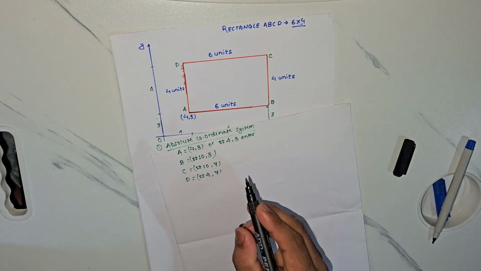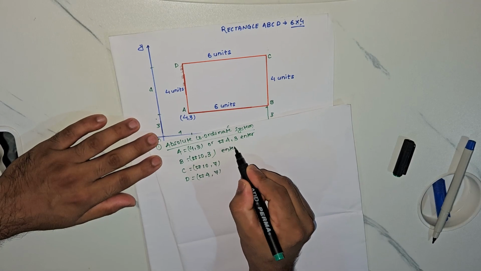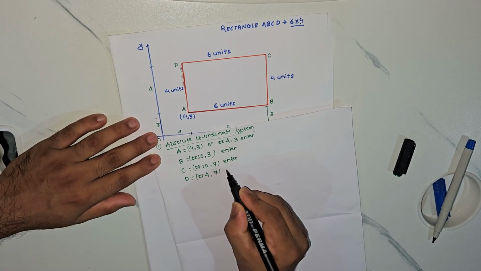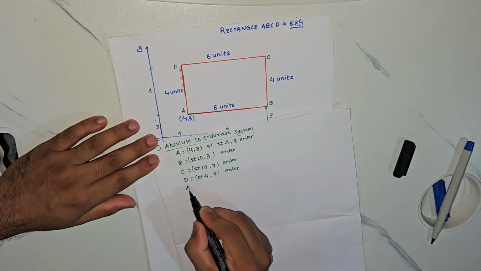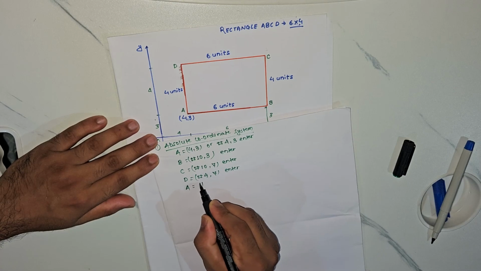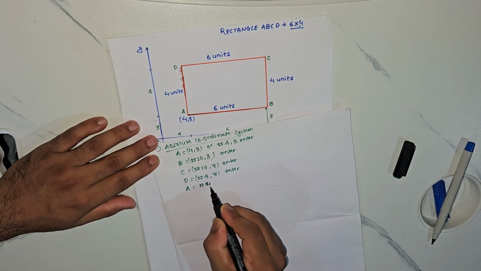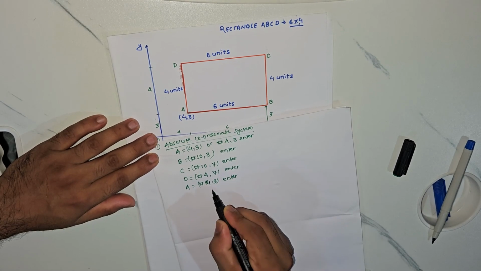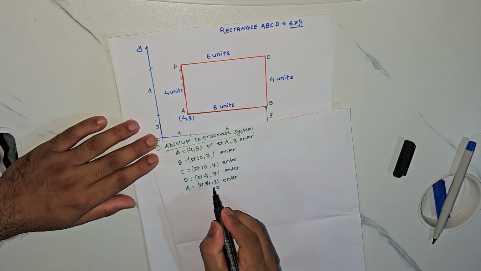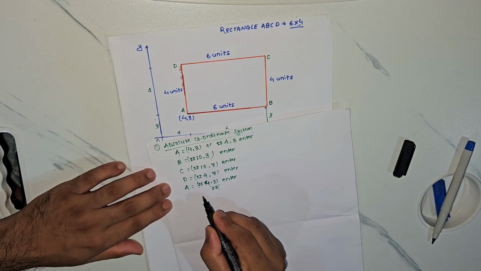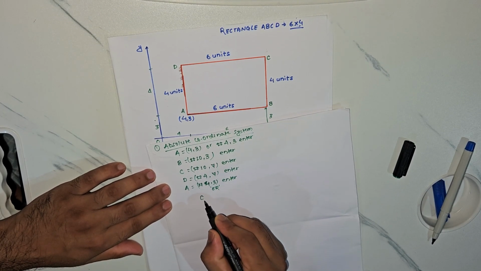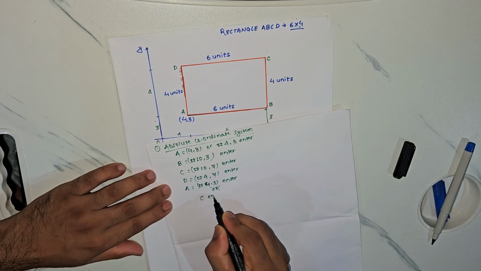And after every input you have to press the enter key, and if you want to close this figure, either you give the coordinates of A, that is hash 4 comma 3, enter, or if you don't want to give this coordinate, then in any case to close the figure, just type C on your keyboard, okay, C button, enter.